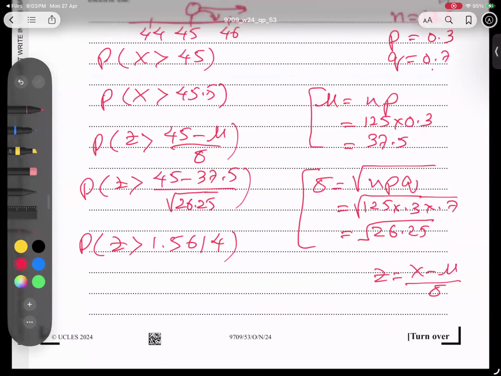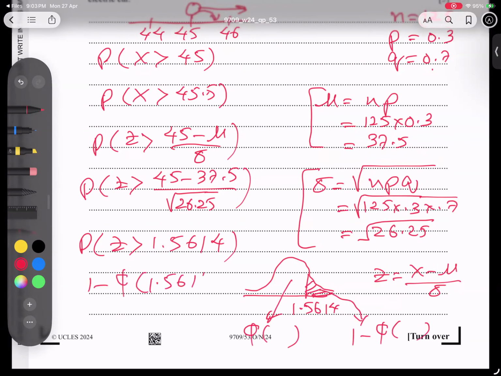What's the rule we have? Is the number positive? Yes. Right side positive, left side negative. So I'll take this positive here, 1.5614. This is called more, and this white portion represents phi of the number, and this represents 1 minus phi of the number. So 1 minus phi of 1.5614.